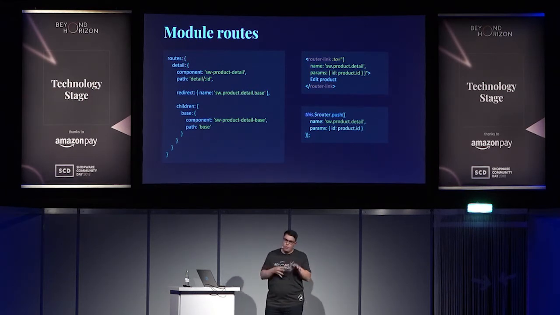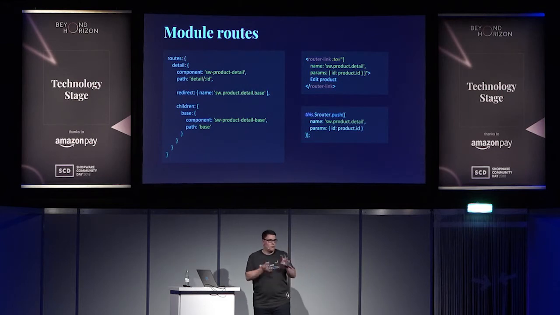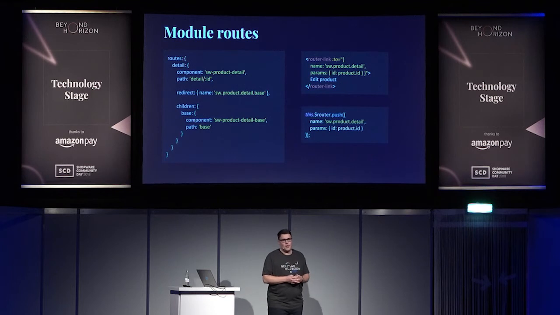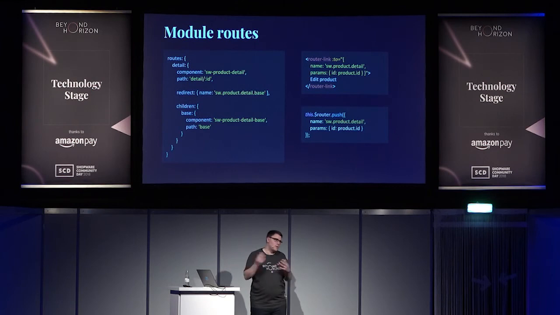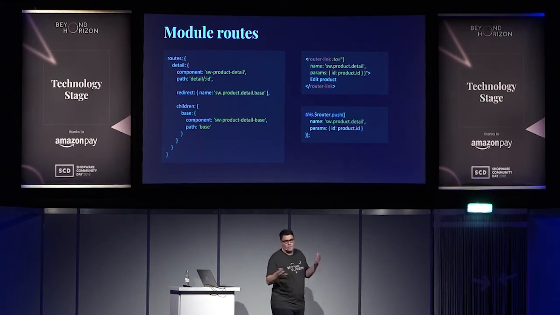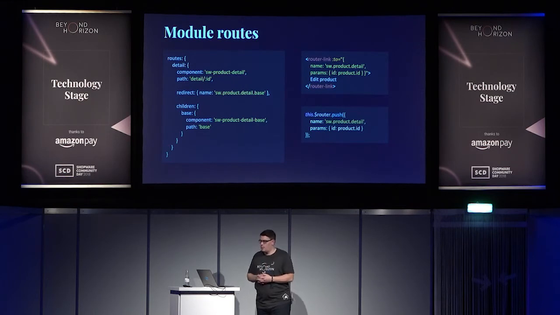You can also use redirects or child routes to create your own custom in-module routing. So there you have the complete freedom to create your own actions and routing directly in the deepest part of your module, which is really a nice thing. You can use it from the template to route the user via links, and you can also have access to the router programmatically in the logic of your component.